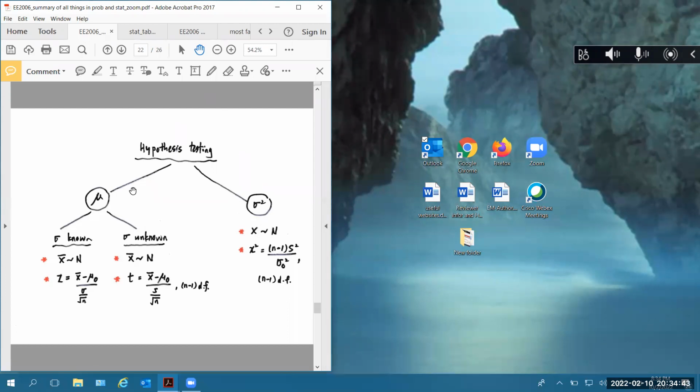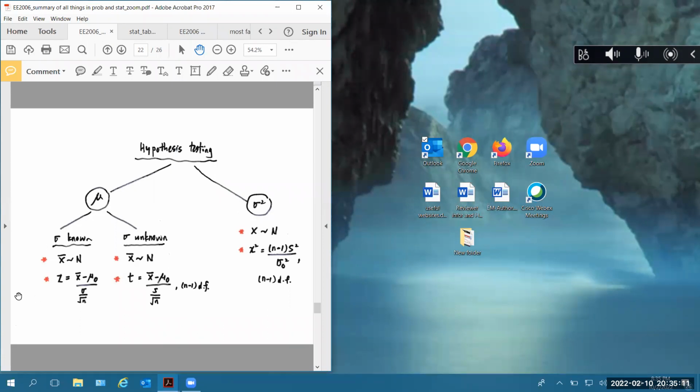Coming to testing of population mean, there are 2 cases, depending on whether sigma is known or sigma is unknown. Each of them also has 2 points. The first point is the same, the prerequisite: you want X bar to be normal.